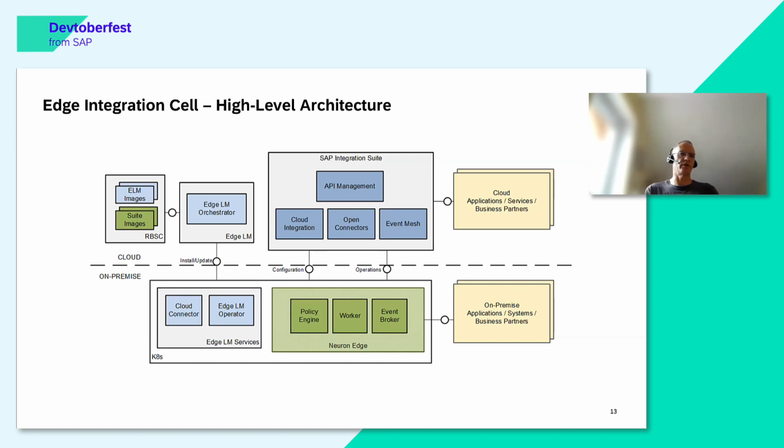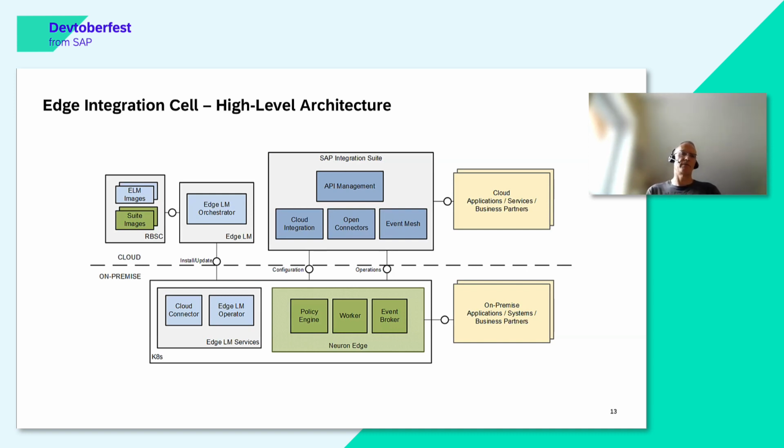And also an interesting part is the link to the repository-based shipment channel, which is the main, let's say, delivery way to deliver container images for Kubernetes workloads.